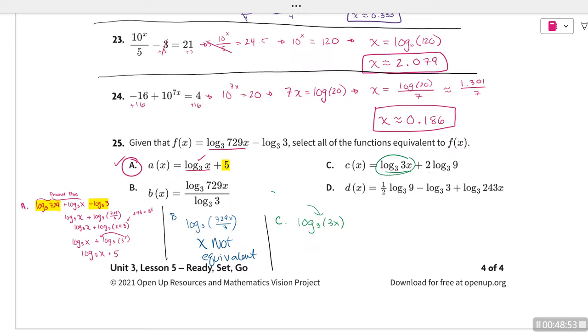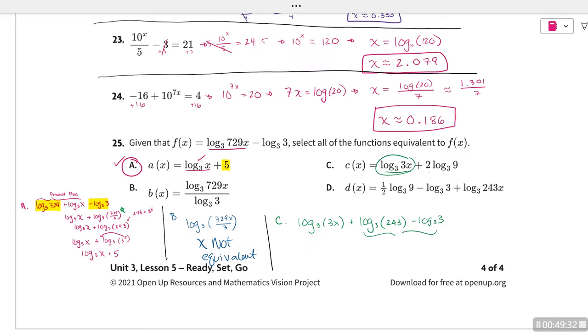If I think of 729x divided by 3x, that'll help me figure out what actually multiplies by 3x to get back to 729. So 729 divided by 3 is 243. We already did that math over here, right? So that math helps us. So I can do plus log base 3 of 243. And that is going to give me that 729x back minus log base 3 of 3, because that's the last statement.